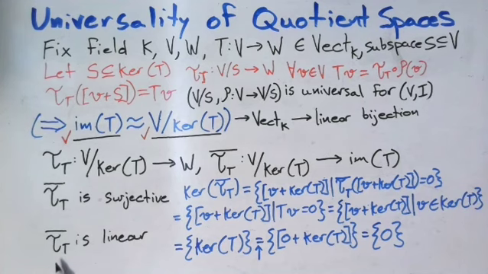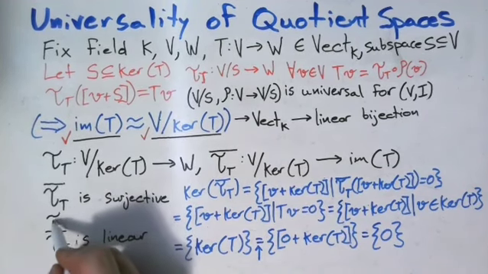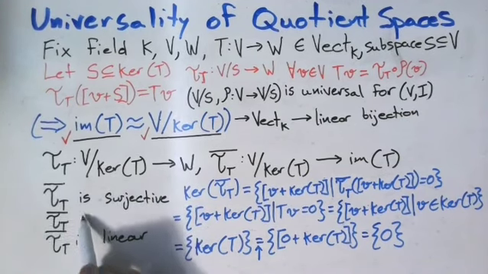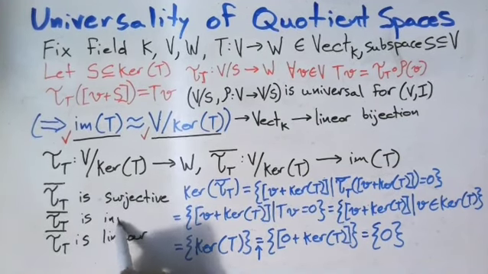So by that chain of logic, tau of t is linear. And what is a linear mapping where the kernel is exactly equal to the 0 vector, right? The kernel of this restriction mapping is just the 0 vector. Well, it has to be an injective mapping. So the restriction mapping is also injective.